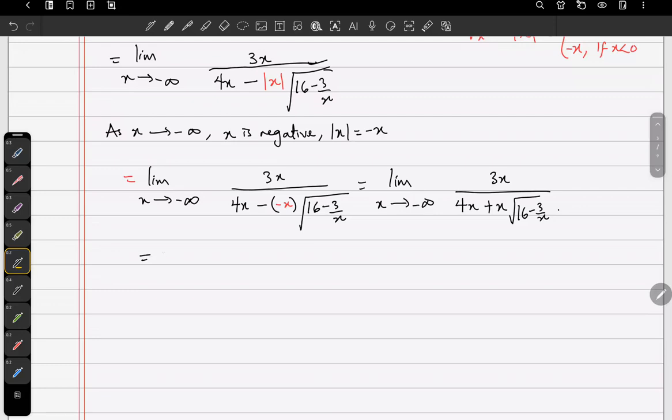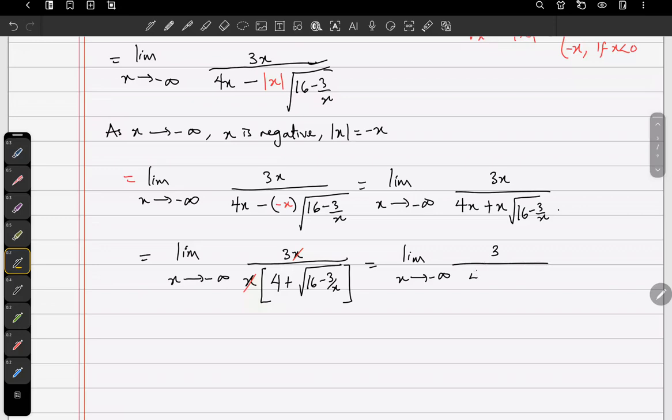Now we can factor out the x in the denominator to have 3x over x times the bracket 4 plus the square root of 16 minus 3 over x. So the x cancels this x, and that will give us the limit as x goes to negative infinity of 3 all over 4 plus the square root of 16 minus 3 over x.